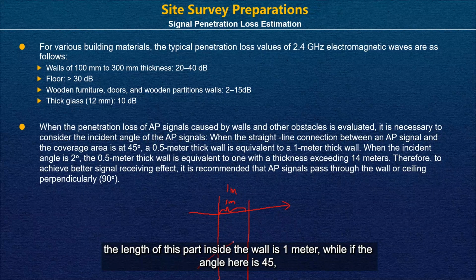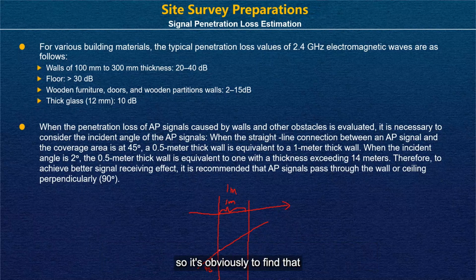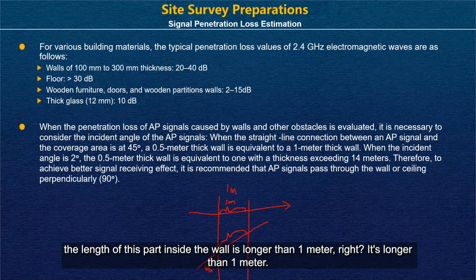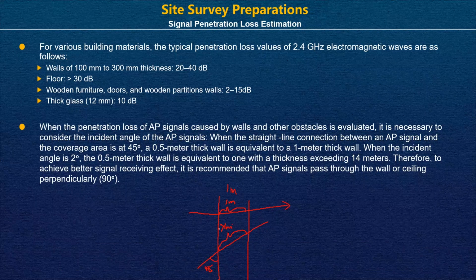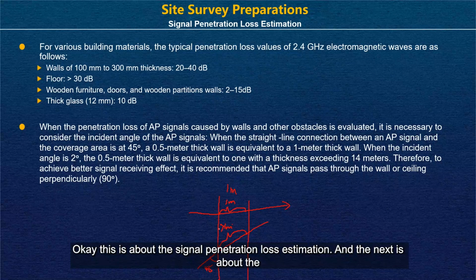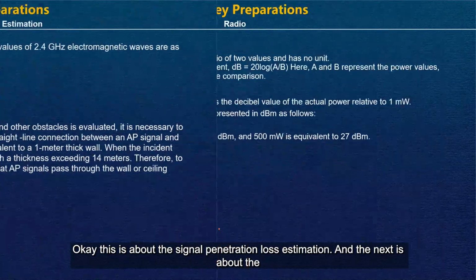While if the angle here is 45 degrees, it's obvious that the length of this part inside the wall is longer than 1 meter. So from here, we can know that except for the materials, the angle will affect the signals. Okay, this is about the signal penetration loss estimation.